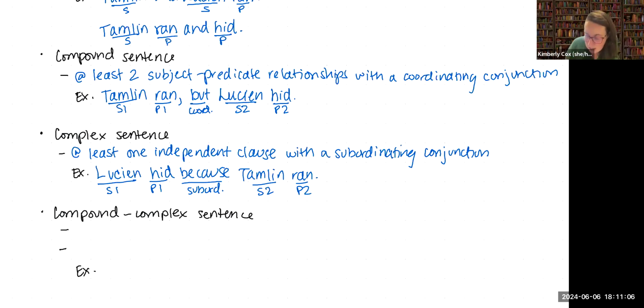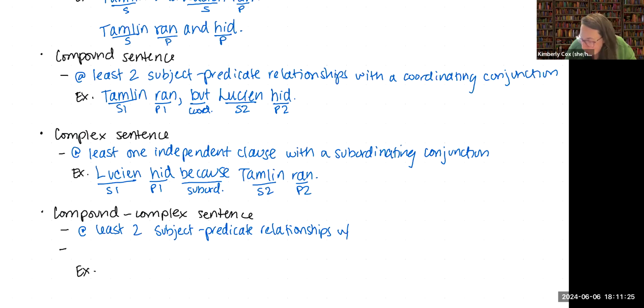So that means we're going to have at least two subject, predicate, relationships with a coordinating conjunction.